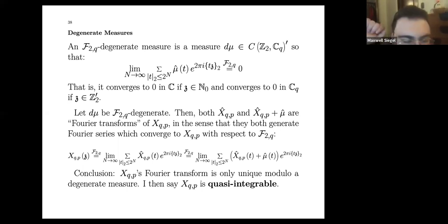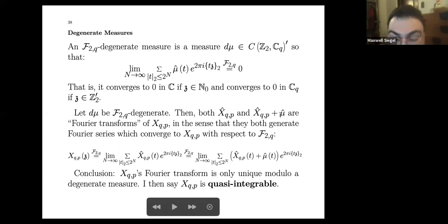Letting μ hat be the Fourier-Stieltjes transform of any 𝔽_{2q} degenerate measure, observe that both x_{p,q} hat and x_{p,q} hat plus μ hat are Fourier transforms of x_{q,p}, in the sense that they both generate Fourier series which converge to x_{q,p} with respect to this frame. So, unlike in classical analysis, the Fourier transform of x_{q,p} is not unique. Rather, it's only well-defined modulo an arbitrary 𝔽_{2q} degenerate measure.